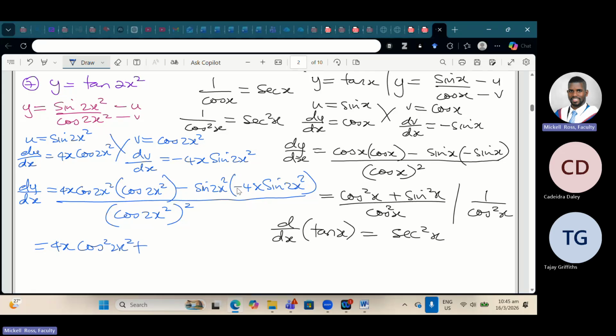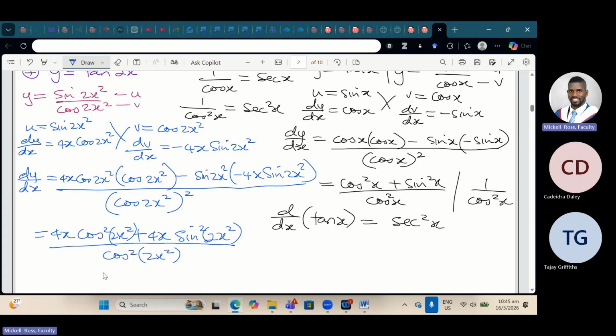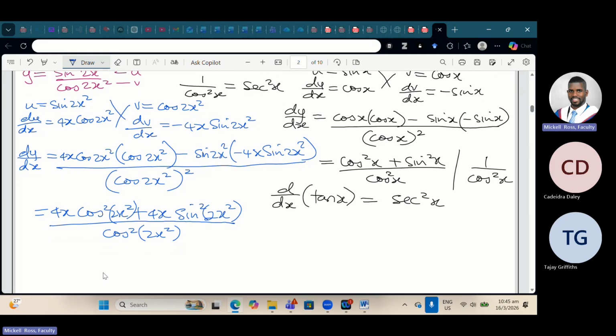Plus, negative times the negative, we're going to get the 4x, sine times sine is sine squared, and then the angle, which is 2x squared, all divided by cos squared 2x squared. So if you want, you could separate the angle so you see where the angle is, and that is what you would get for your answer.